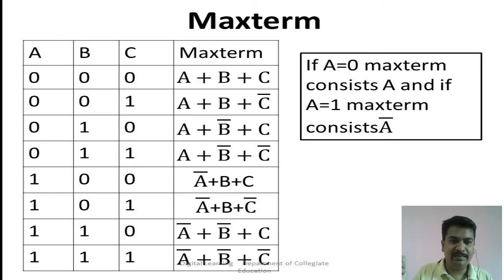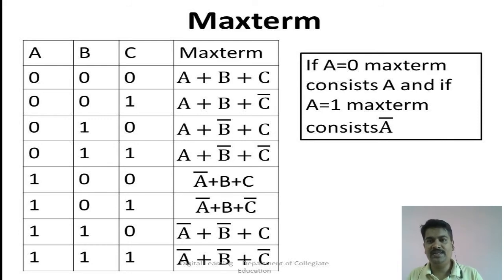There in writing the minterm, for 1 we write in a normal form, and for 0 we complement it. But here for 0 we write the variable as it is in normal form. For 1 we complement the variables, exactly opposite to how we did in the minterm.